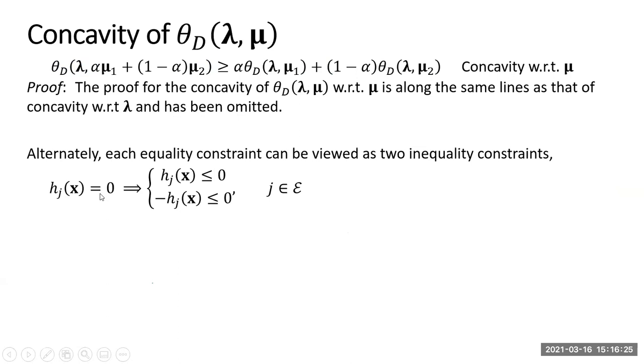So h of x equals 0 can be eliminated by replacing it with two inequality constraints: h of x less than or equal to 0 and negative h of x less than or equal to 0, which automatically means that h of x has to be equal to 0. In which case we already showed concavity of theta d of lambda mu with respect to lambda. So instead of a mu, you'll have a set of two lambdas here.